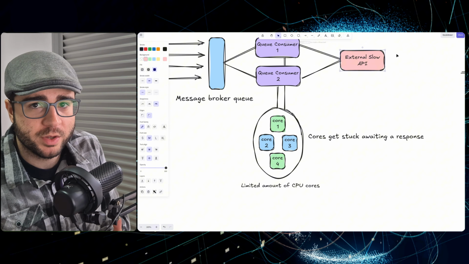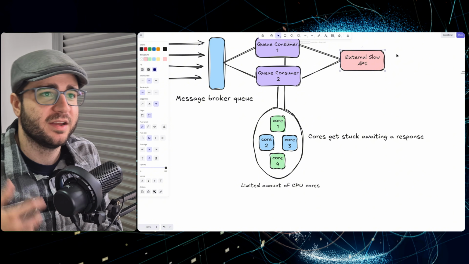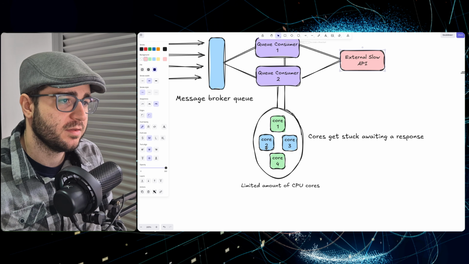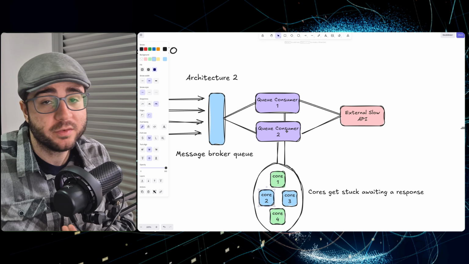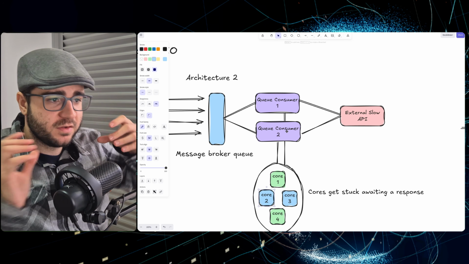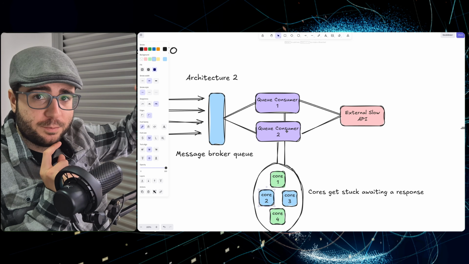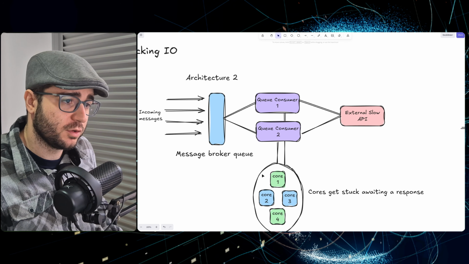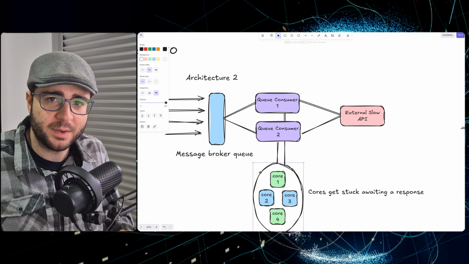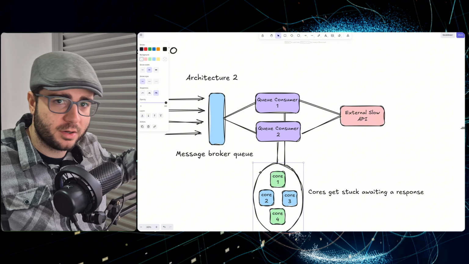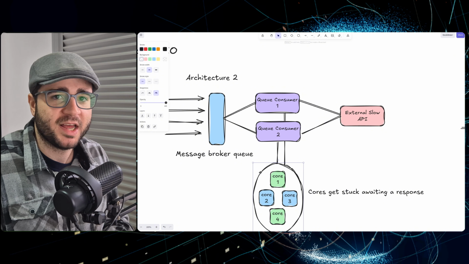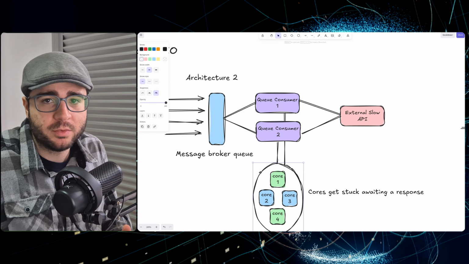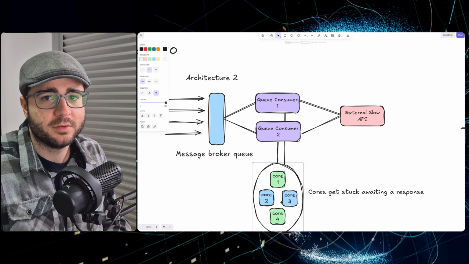So while we don't receive the response back from that external API, this core right here could get another message from the queue and process that. We are still accumulating the messages that we need to process. So this is going to consume a lot of memory, and CPU and memory are not infinite. So this puts a lot of pressure and challenges to scale that, even with horizontal autoscalers.